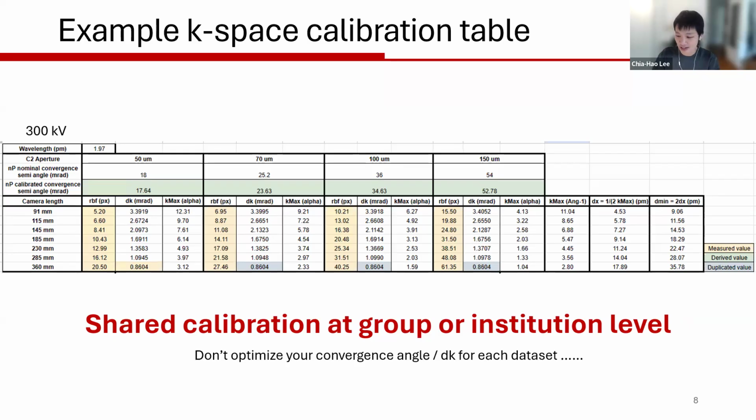I've seen people using Bayesian optimization to optimize their convergence angle for each data set, even though they're all using the same aperture, which makes things very confusing and much harder to reproduce. So I highly recommend people start using this nanobeam electron diffraction technique to calculate your dk per camera length and per convergence angle for each kV.